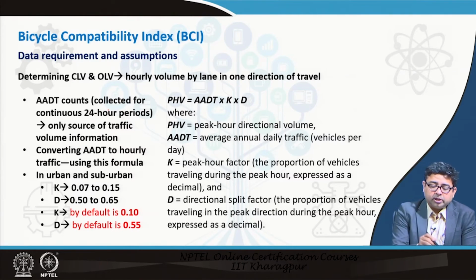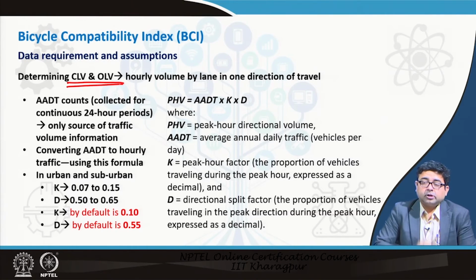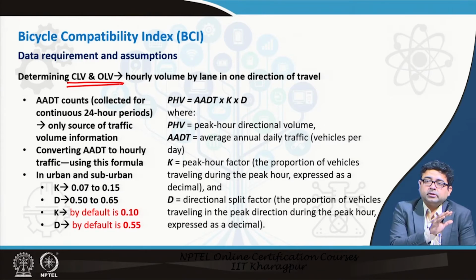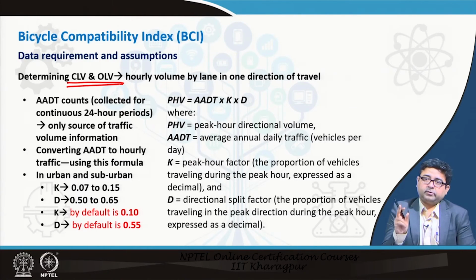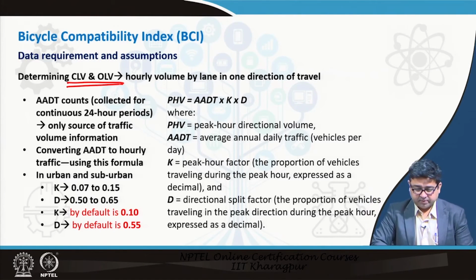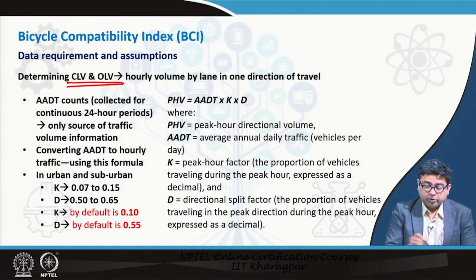So, now how do you determine the curb lane volume and the other lane volumes, right? You know the curb lane width that impacts the bicycle compatibility index, and you also have to calculate the other lane volume which impacts the bicycle compatibility index. So, how do you measure them?